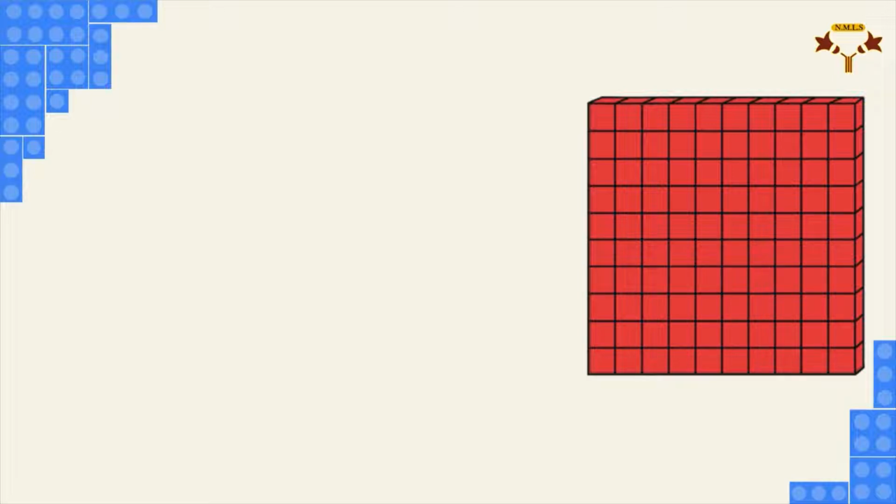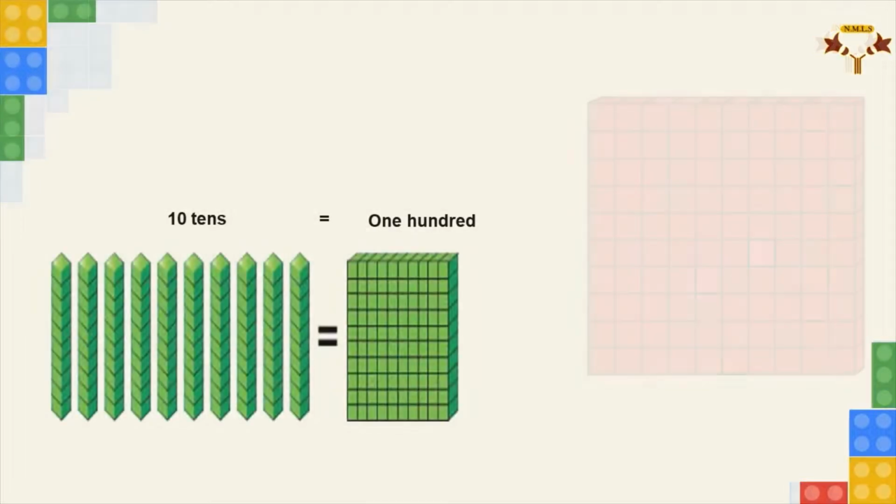So 100 small squares equal one block. Let's count together: 10, 20, 30, 40, 50, 60, 70, 80, 90, 100. I collected them and put them in one block. Yes, so 10 tens equal 100.